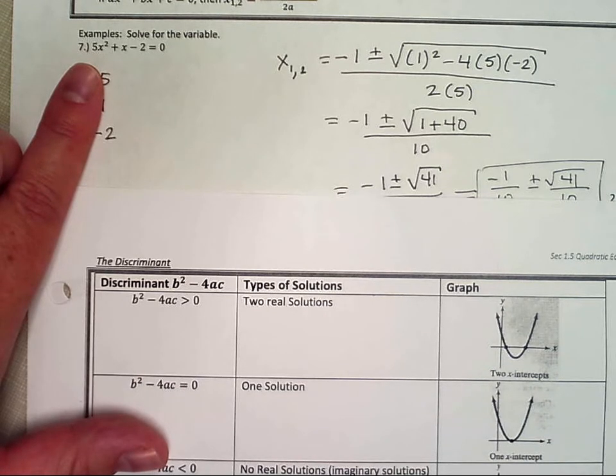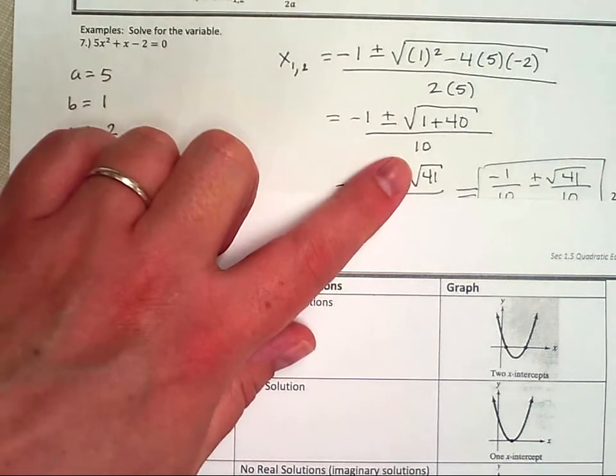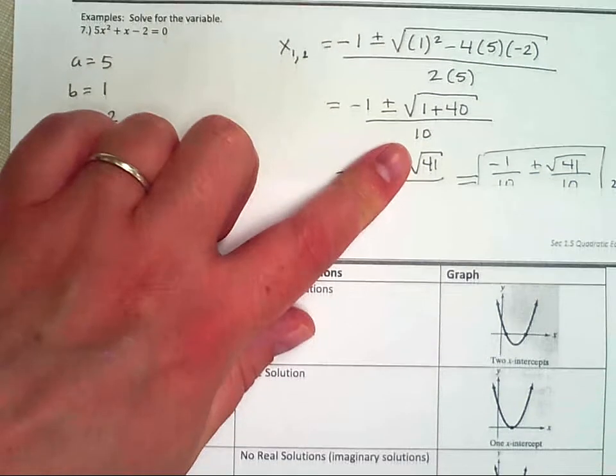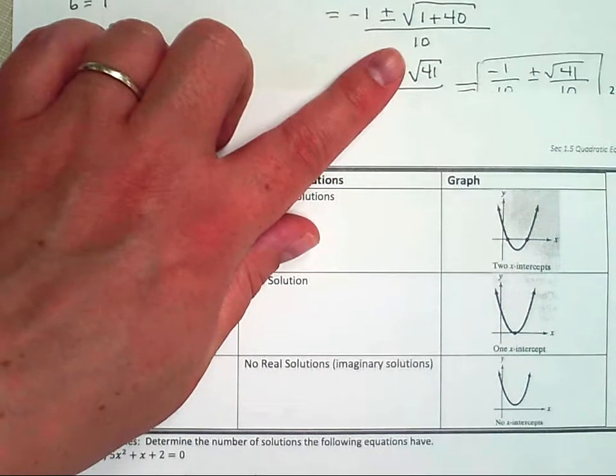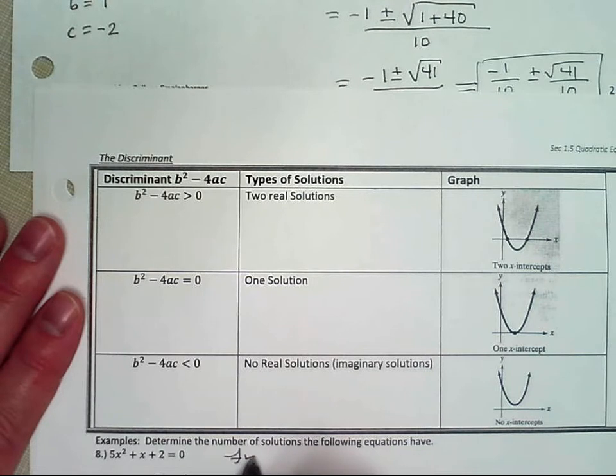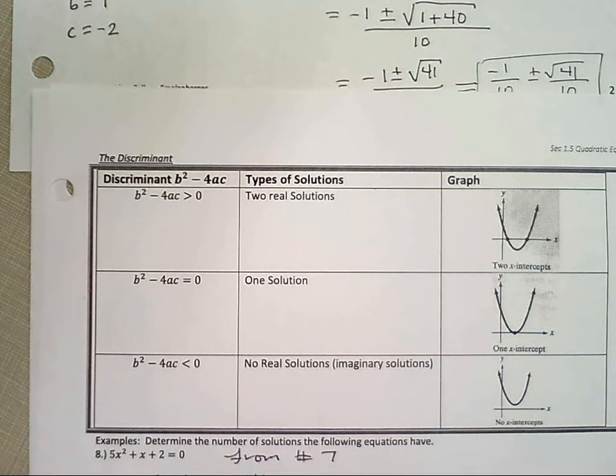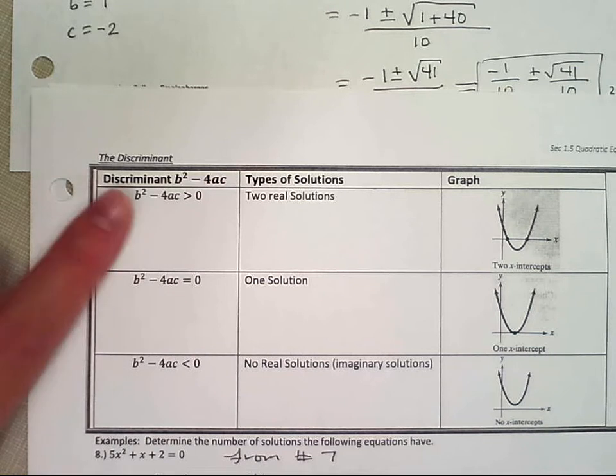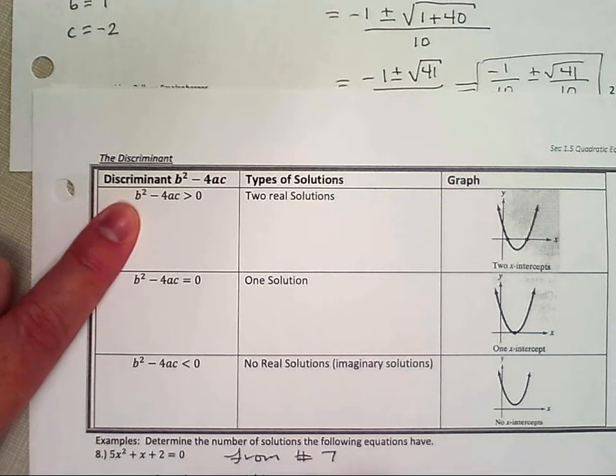We got the discriminant, b squared minus 4ac, and we got that it equaled 41, right? So from number 7, the discriminant equals 41. That's positive, greater than 0. So we have two solutions.